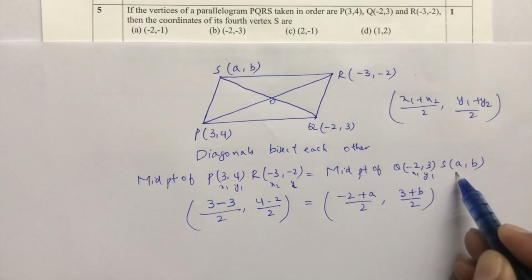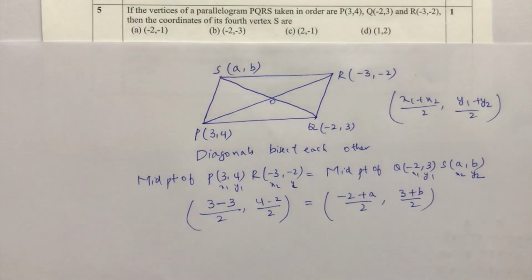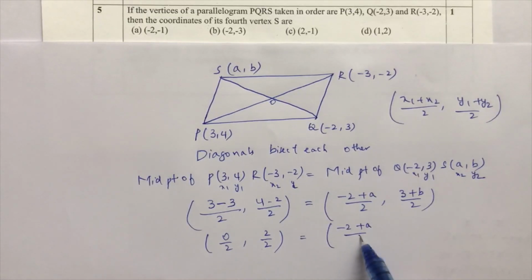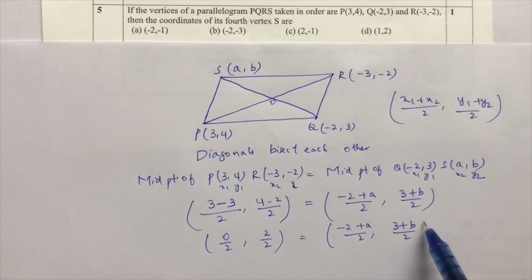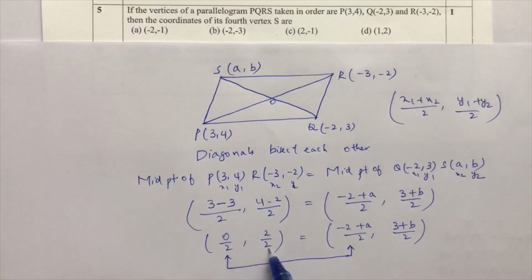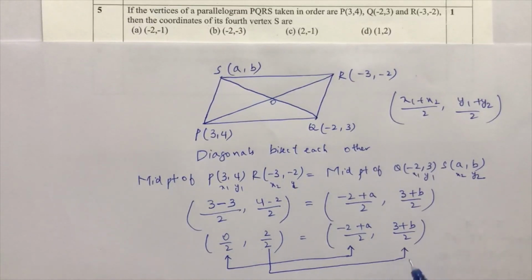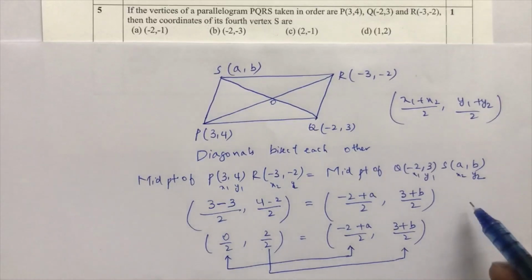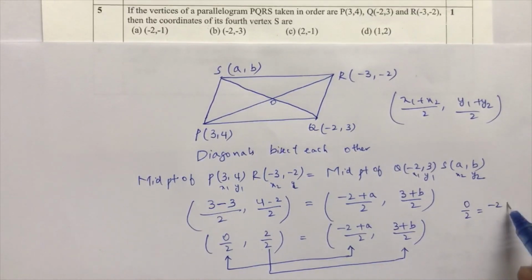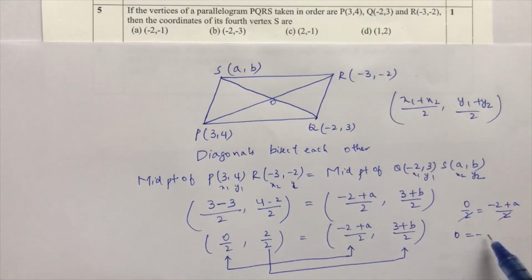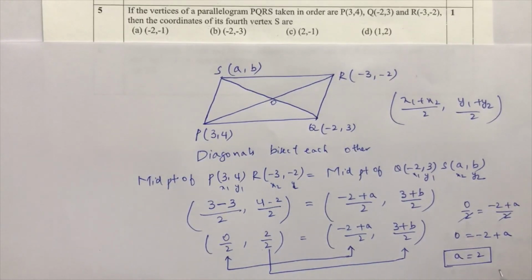Now this value is 0 by 2, 2 by 2, and minus 2 plus a by 2, 3 plus b by 2. Now I'll equate abscissa with abscissa and ordinate with ordinate. So 0 by 2 is minus 2 plus a by 2, 2 cancel. So 0 equals minus 2 plus a, so a value is 2.